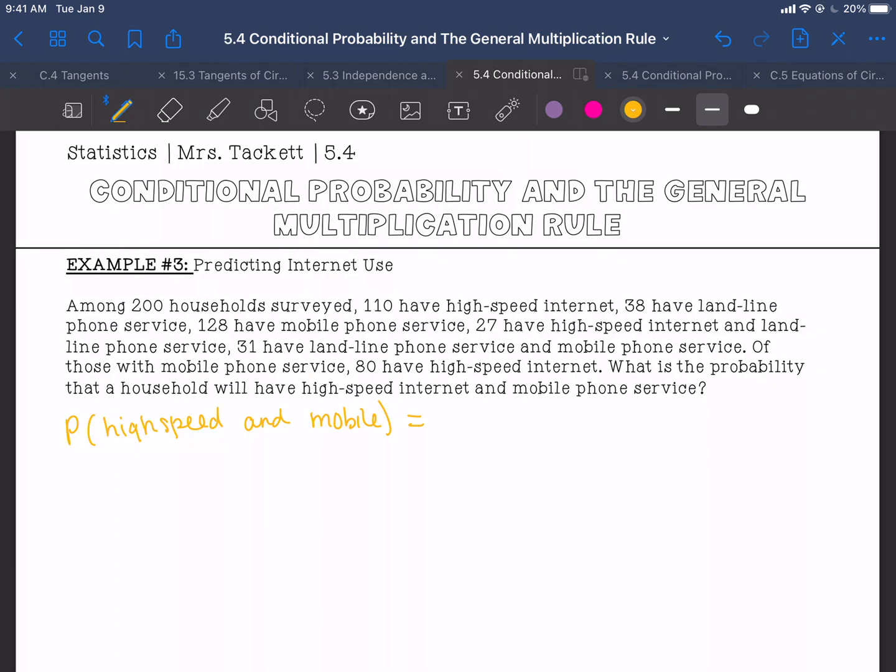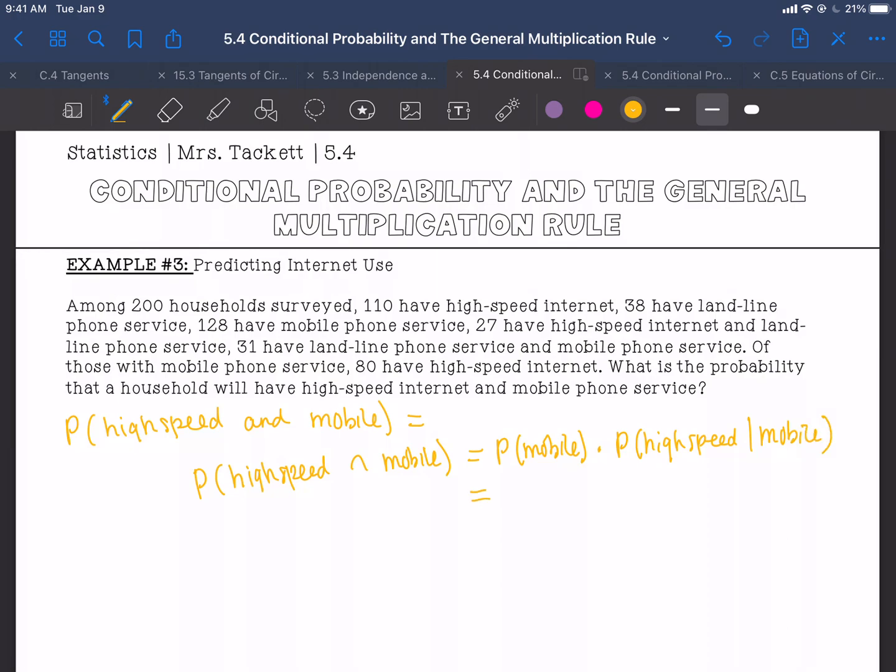Okay, so remember, that's the same thing as saying the probability of high-speed intersect mobile phone service. So we're going to take the probability that they have a mobile phone service times the probability that they have high speed given the mobile phone service.